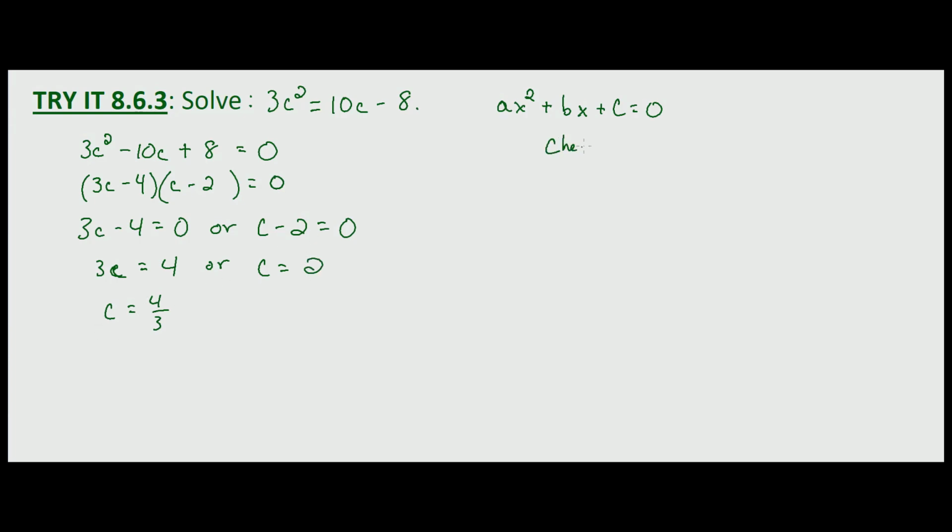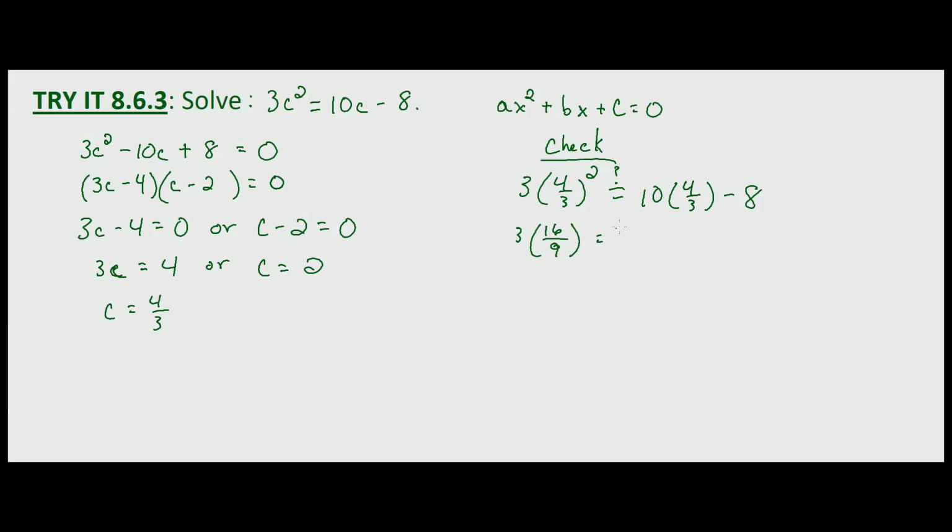Let's go ahead and check. We'll substitute those into our original equation. Let's start with c equals 4/3. So 3 times 4/3 squared. We want to know, does that equal 10 times 4/3 minus 8? 3 times 4/3 squared is 16/9, which simplifies to 16/3.